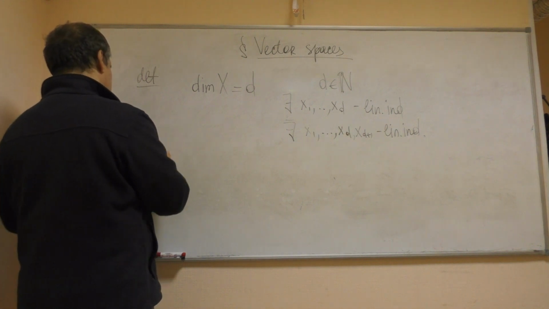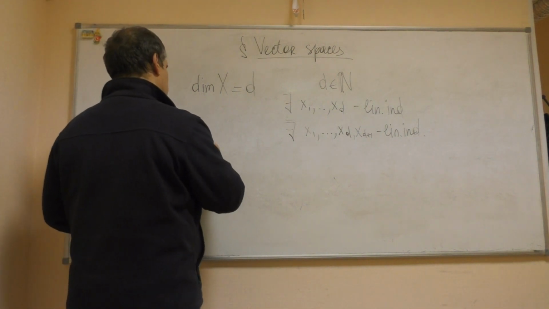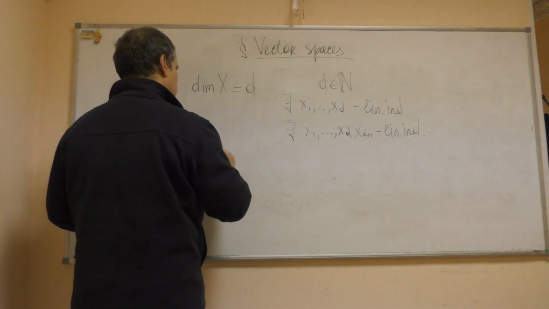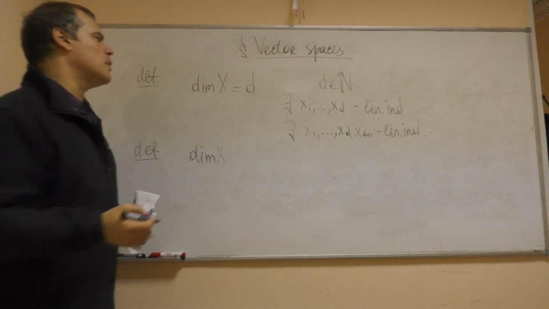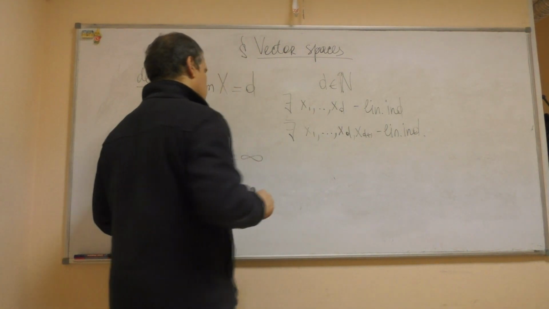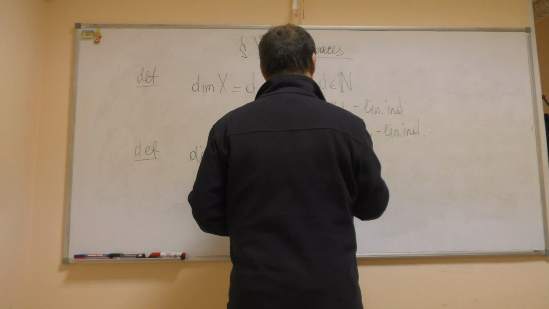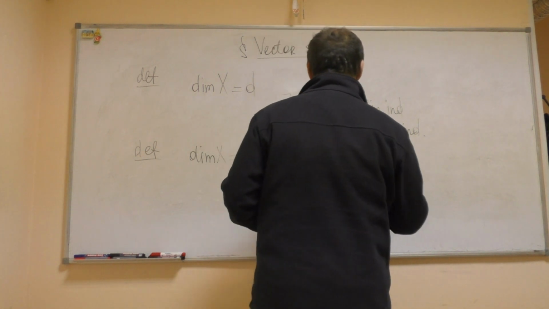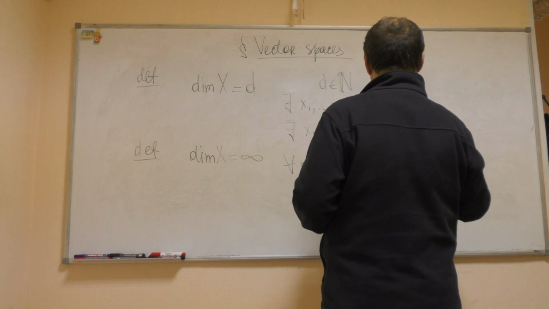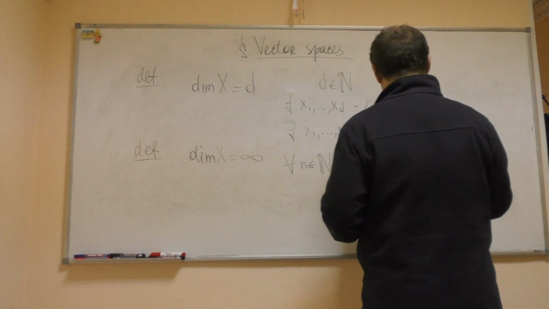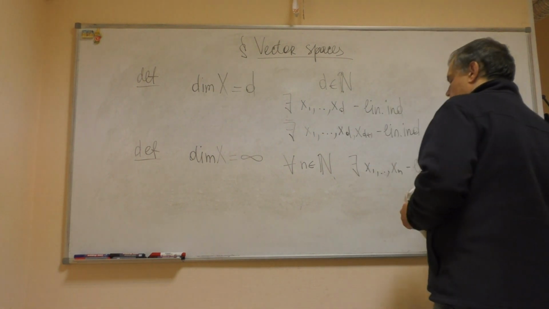And the last definition: we say that the dimension of x is equal to infinity, or x is an infinite dimensional space, and write this if for any natural number n we can find n linearly independent vectors.